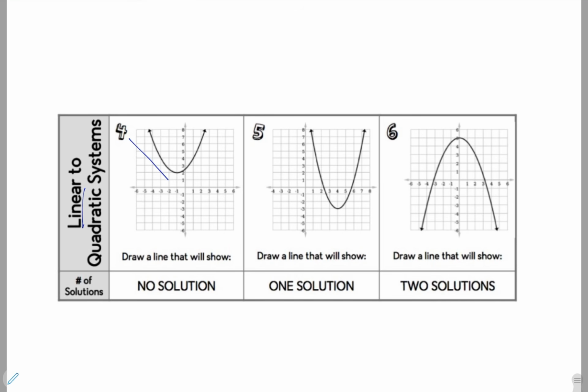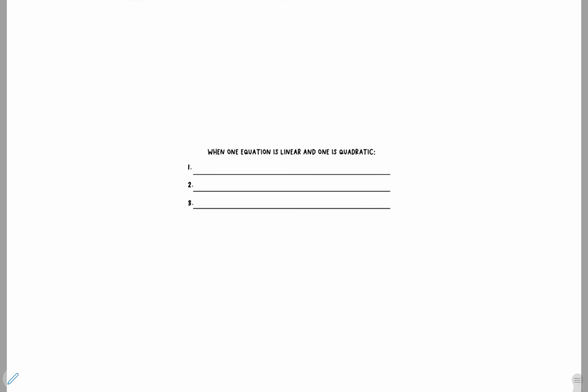So a line that doesn't touch the quadratic, that's no solution. This one that touches at one single point, that's one solution. And two solutions is when the line crosses at two different locations. That's how that's going to look. So if you remember how to graph quadratics, this should go by pretty smooth.